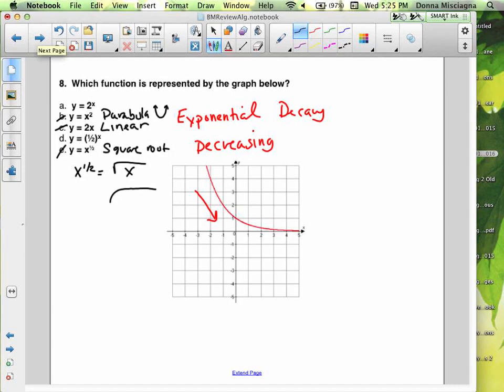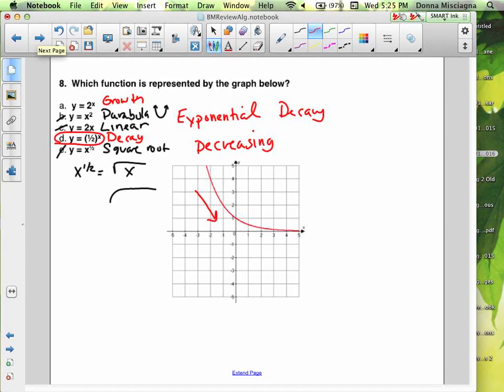Number one, two that are exponential, and one of them is growth. 2 to the x, we have a base greater than 1, that is growth. Y equals 1/2 to the x, that is decay. So we don't even have to match up points here. There's only one that it could possibly be, because there's only one decay function on here.